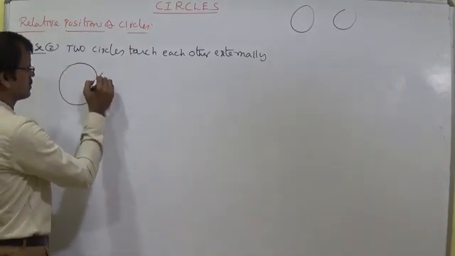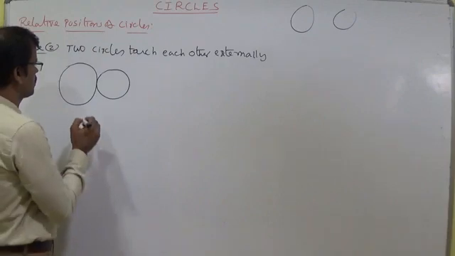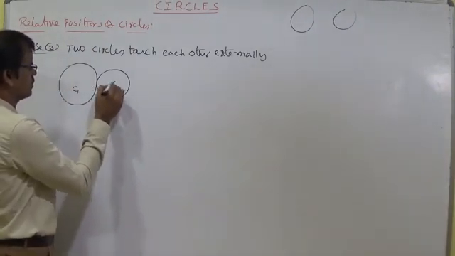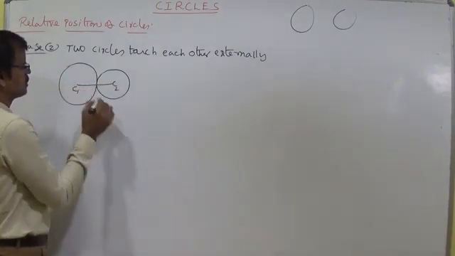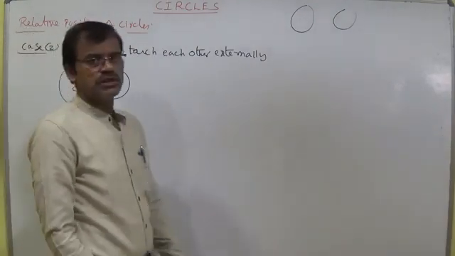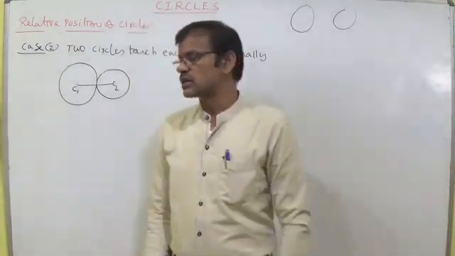Draw like this. This is the condition. This is C1. This is C2. C1C2, some staff used to say C1C2 equal to d. What is d? Small d is the distance between the two centers of the circles.